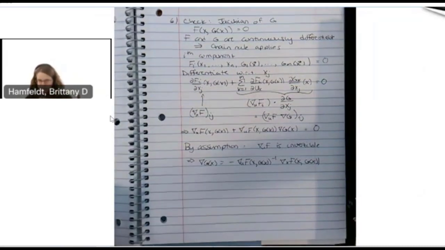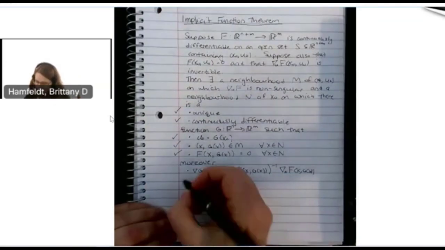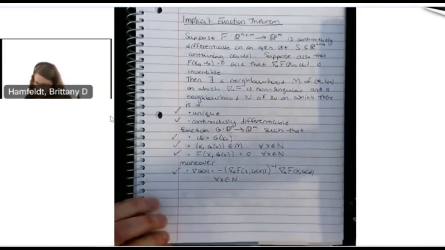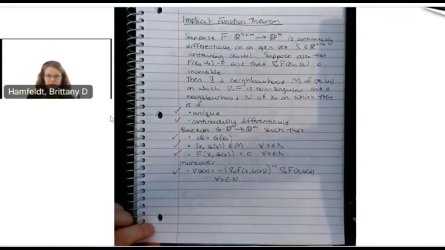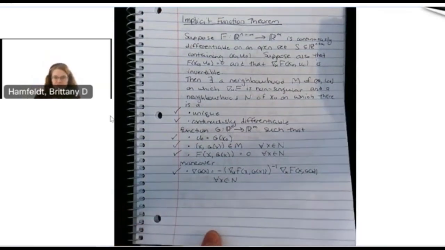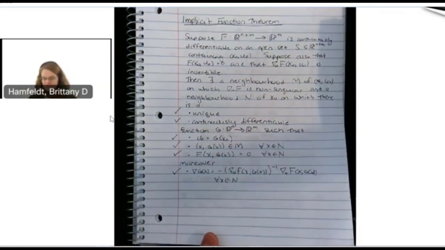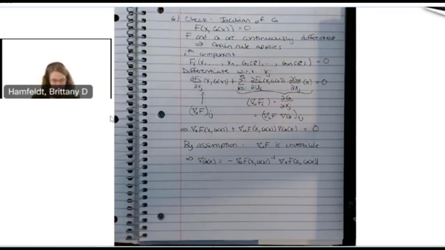So I go back to the theorem that I'm trying to prove, and I think this was the last item on our bucket list here. And we've got a full proof of the implicit function theorem now. So I'll pause a second. Any questions?